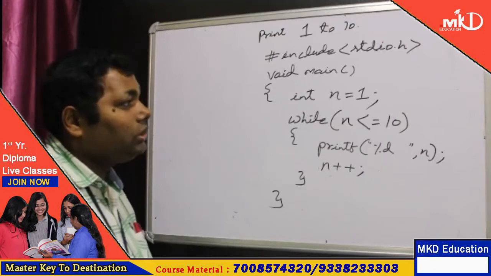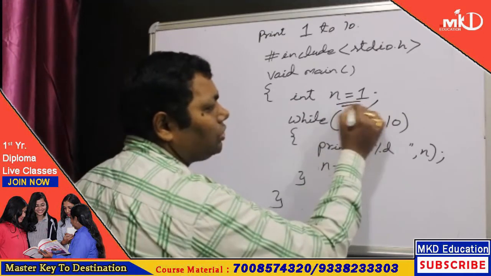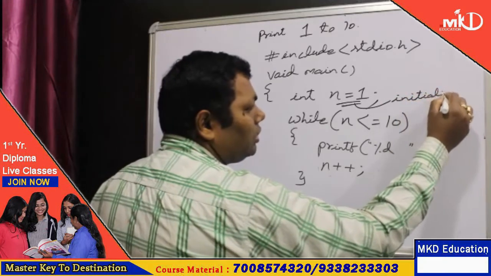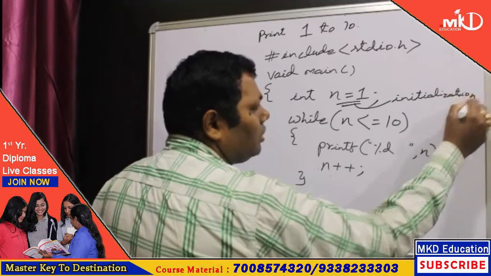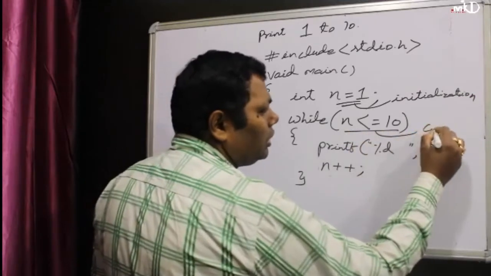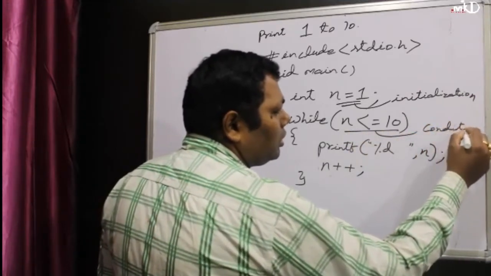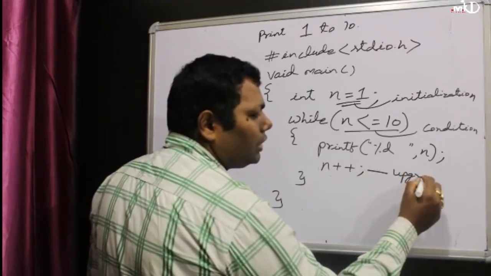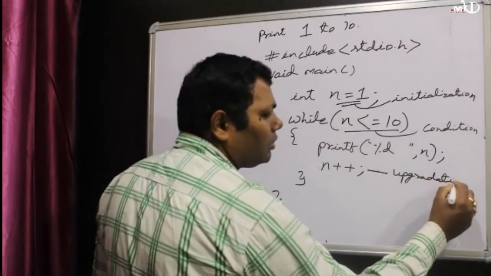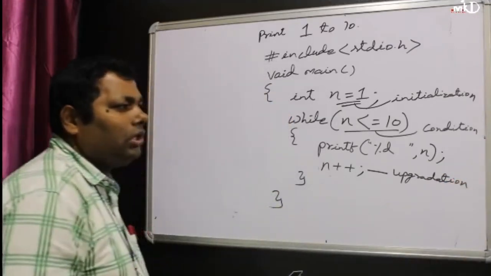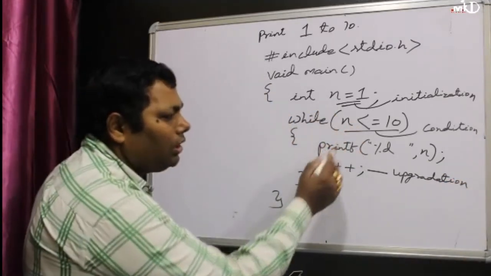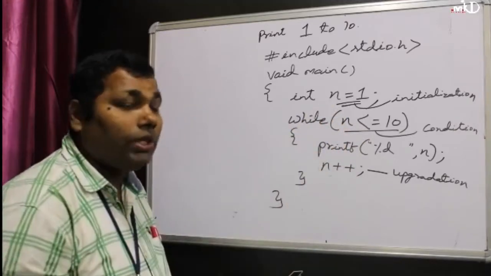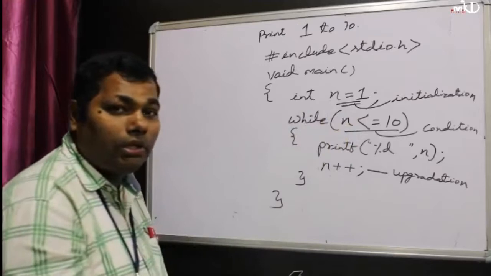Okay, so in this example, this is called initialization. This is the condition, and this is the upgradation statement. Control variable n is the control variable which is initialized to 1.